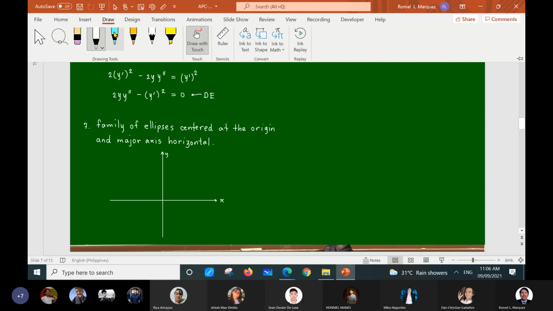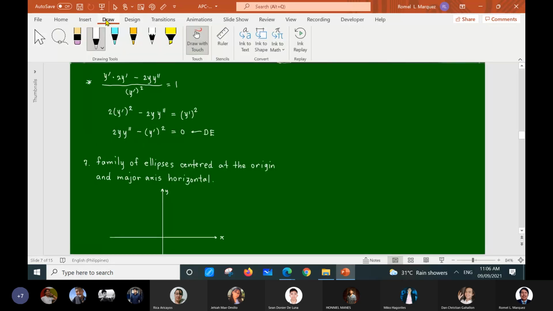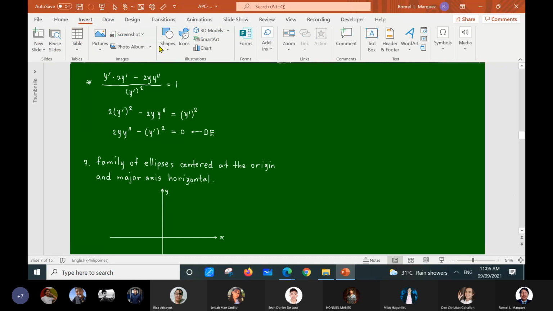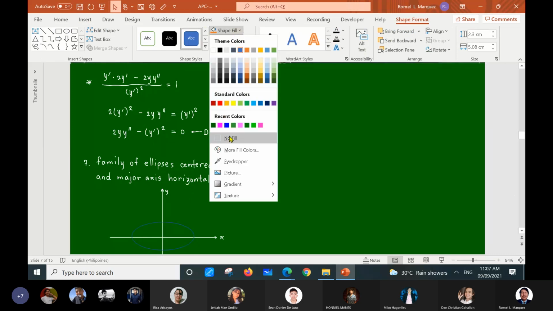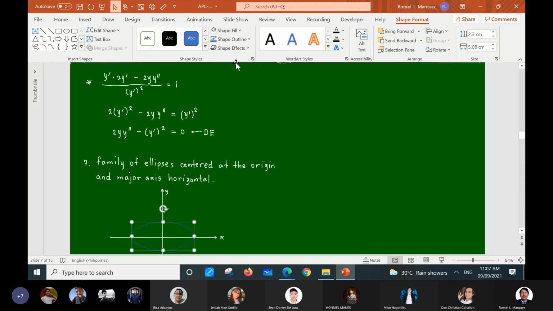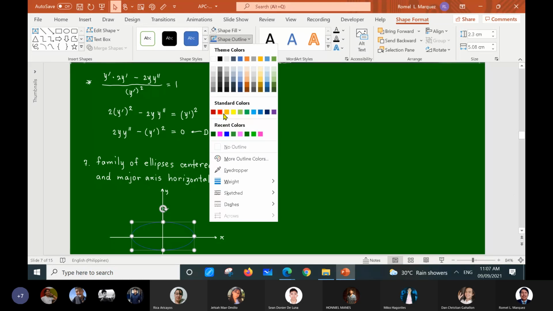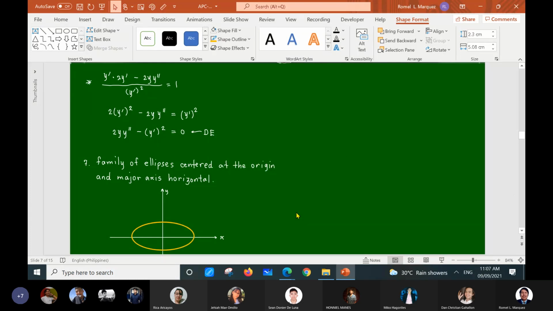Insert shape, no? Gawa tayo ng ellipse. Pero gawin nating no fill, and then gawin nating ang color niya ay, yan, pwede na yan. And then, ang thickness, gawin natin, yan, okay.